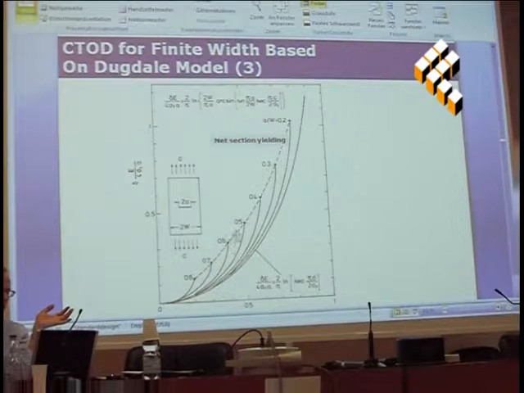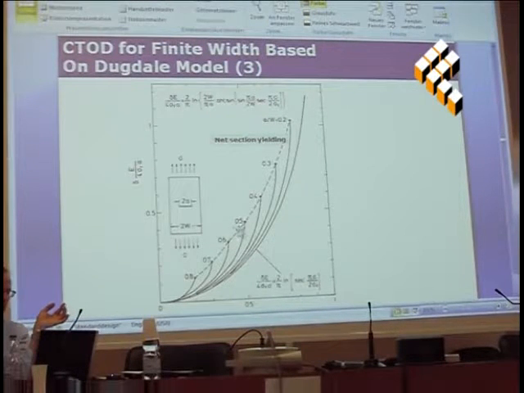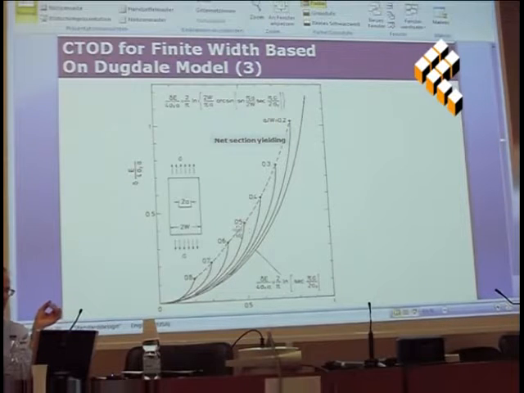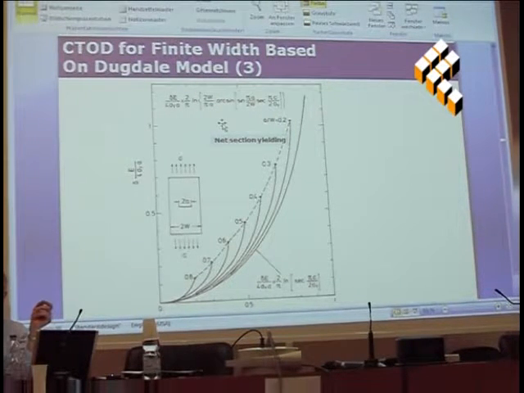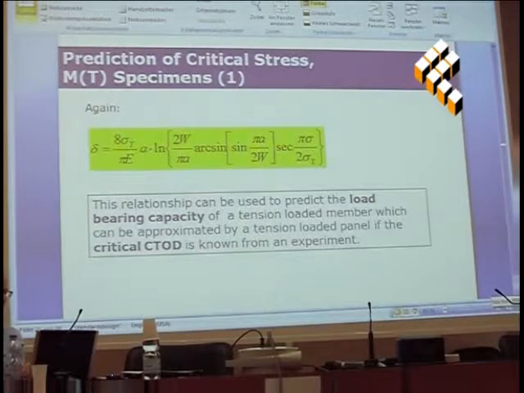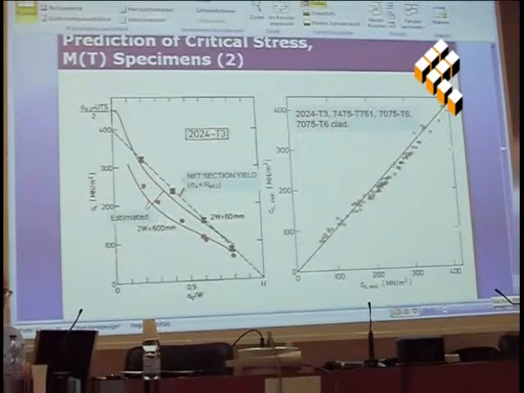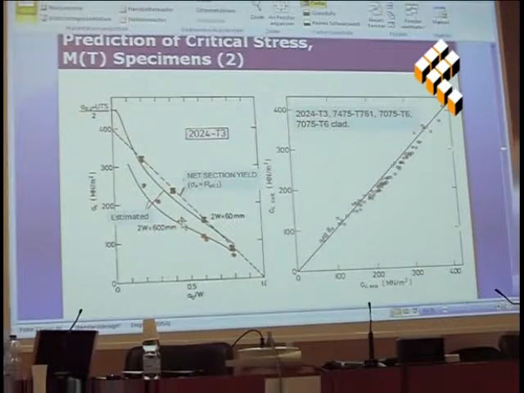Using this formula, for example, a test on a over W equal to 50%, I calculated the toughness using the formula, and then I predicted the diagram, the somewhat strange diagram that was hard to understand yesterday when I said you have a width effect. This is a narrow specimen, 60 millimeters.